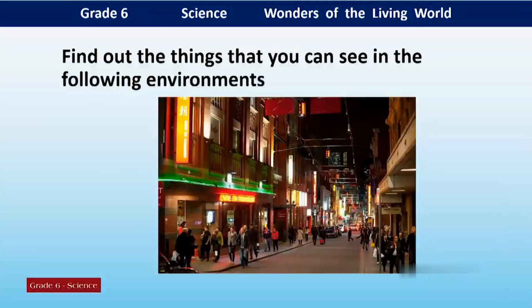At first glance, you can identify the picture is a scene of an urbanized area. There are vehicles, people and many artificial things in the shops. This environment consists of different components.